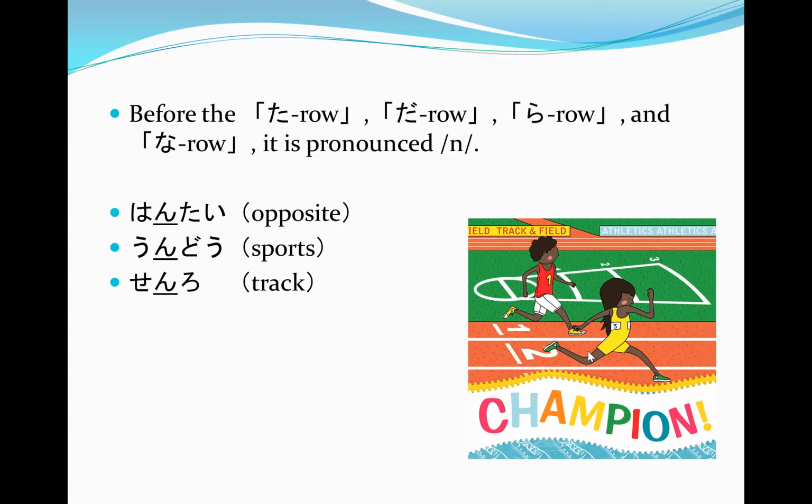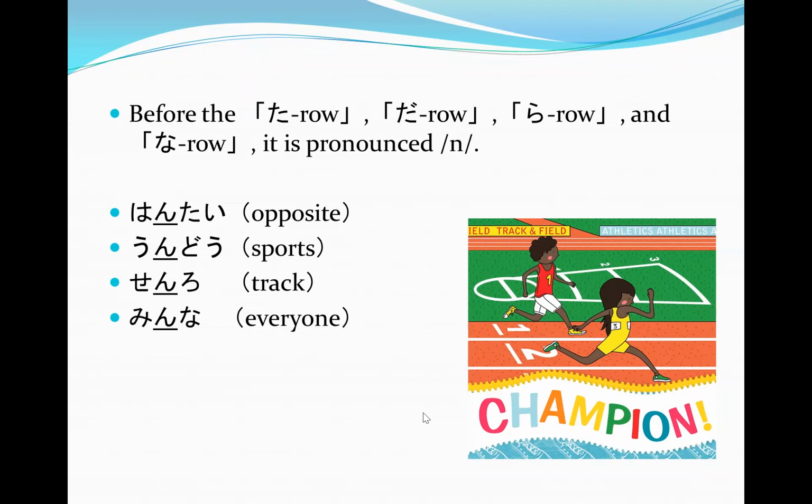Now, for our last example under this sound, we have minna, which means everyone. Again, minna, everyone. Slowly, per syllable, minna, because it comes before the na, which is under the na row.